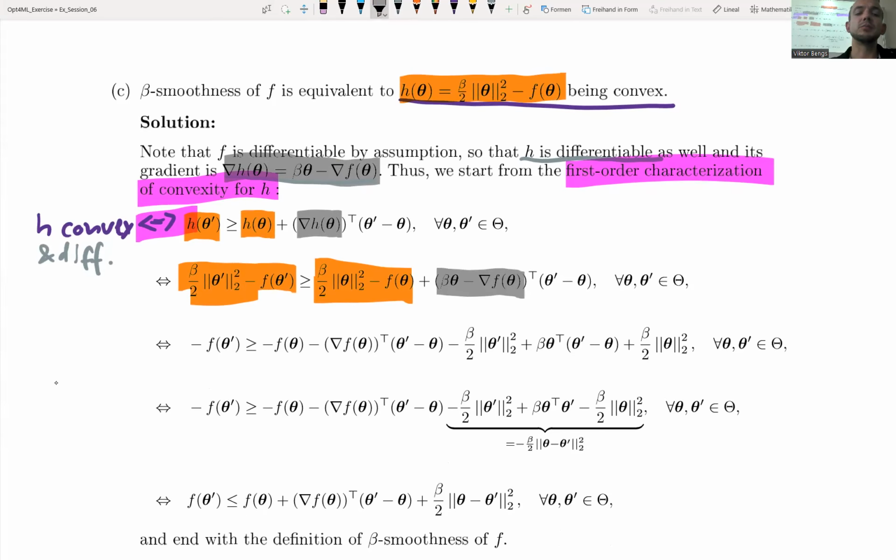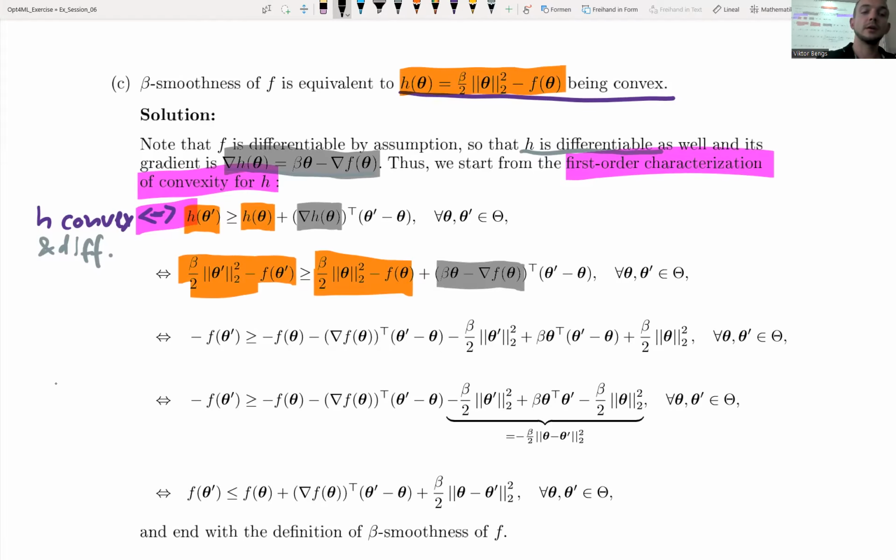The minus f theta prime is actually something we want, because in the end, if we multiply the whole inequality with the minus, then f theta prime is on the left-hand side. This greater than or equal gets to less or equal, which we need for beta smoothness, so this is fine. So, as before, we bring the one term which is not useful for our purposes on the right-hand side. It's reappearing here.